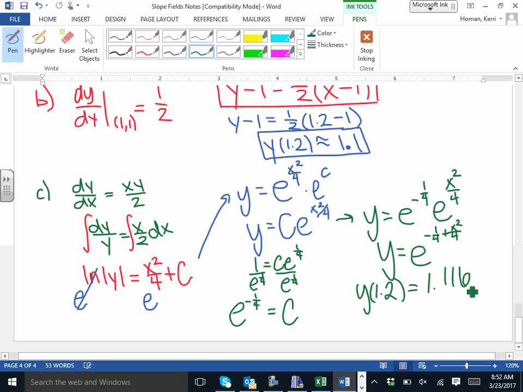And I'll just tell you, you guys know how to work your calculator, is 1.116. Okay? Now, when we use the tangent line, we got 1.1. Is that an over or an underestimate?